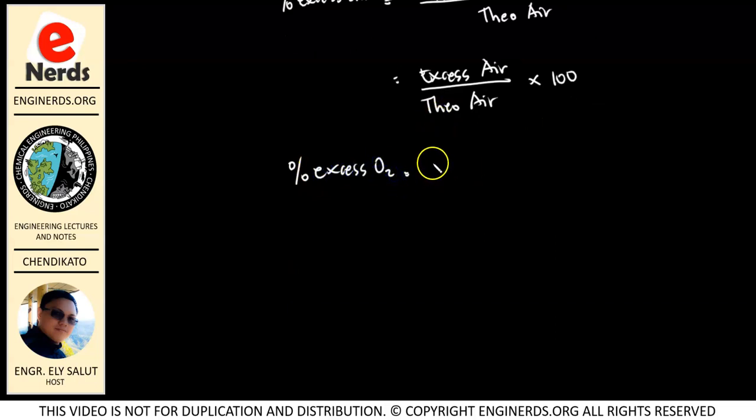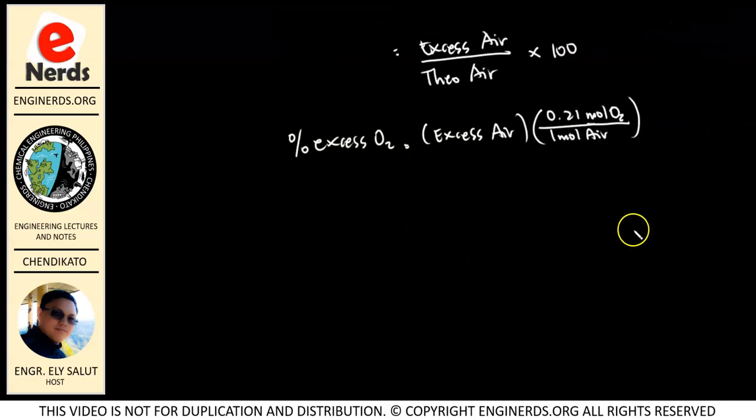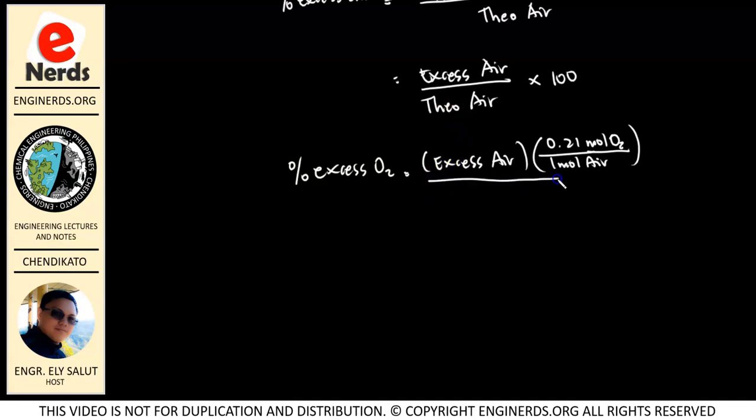So, we have excess air dito sa ating numerator. To convert that to O2, we have 1 mole ng air to 0.21 mole ng O2, tulad nung in-explain natin dito kanina, divided by the theoretical air.